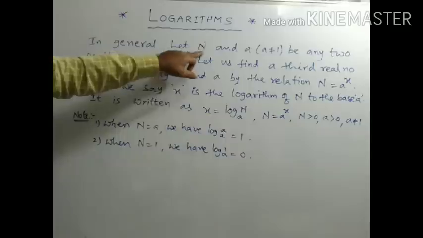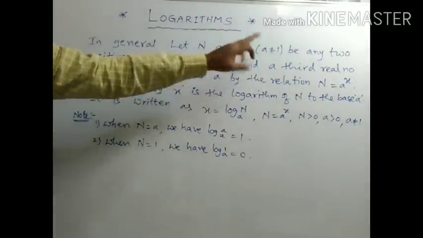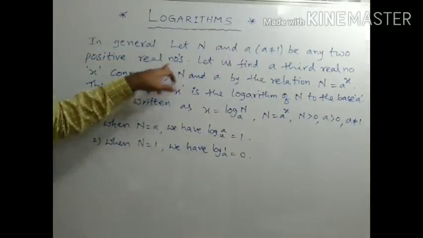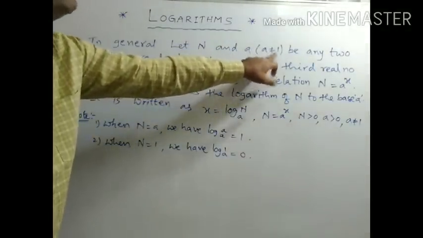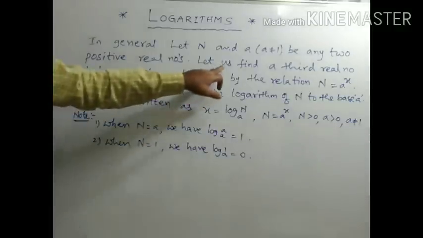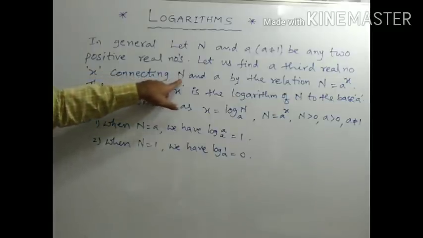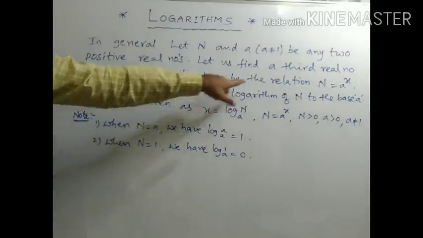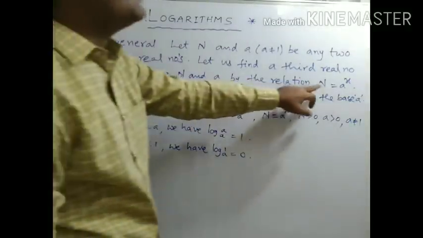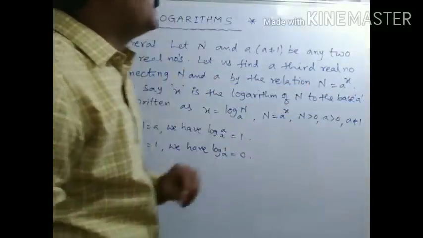Now let us find a third real number, small x, connecting capital N and small a by the relation N equals a power x.